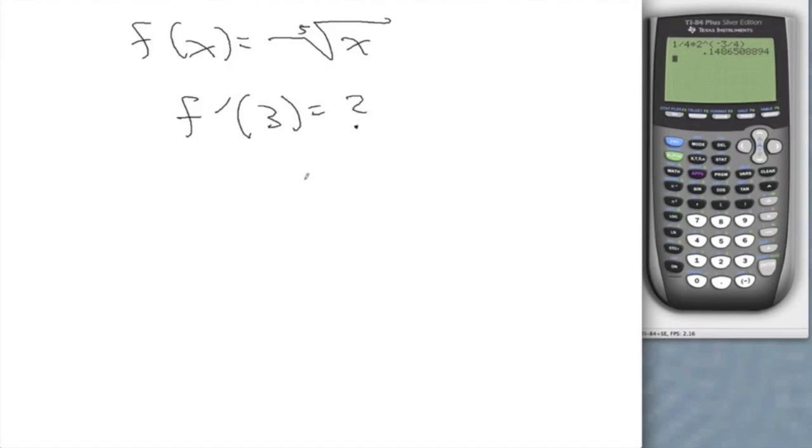Okay, so first line I wrote f prime of x equals x to the negative 1/5. And then below that I wrote f prime of 3 equals 3 to the negative 1/5. And now I'll solve that with the calculator.